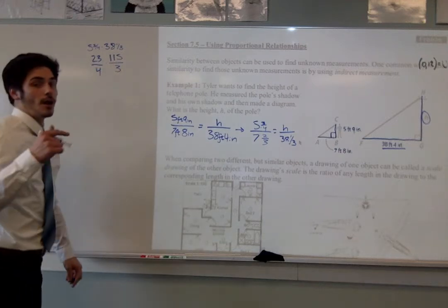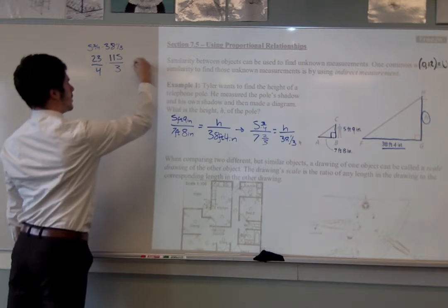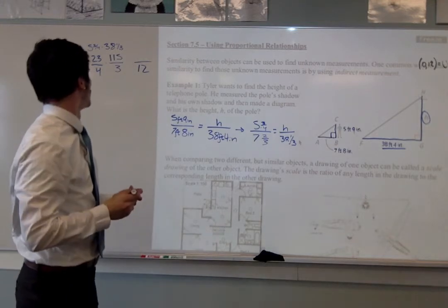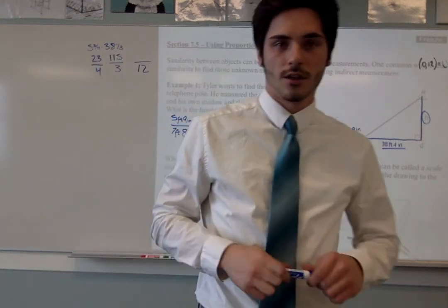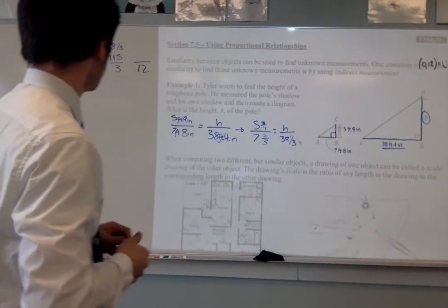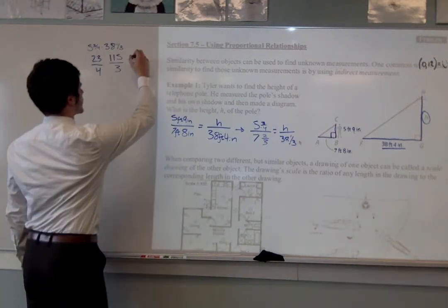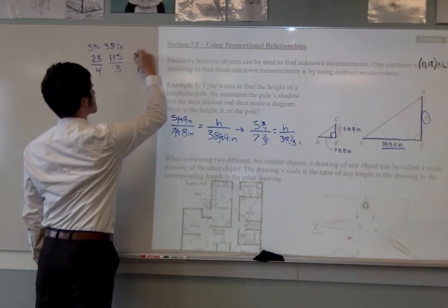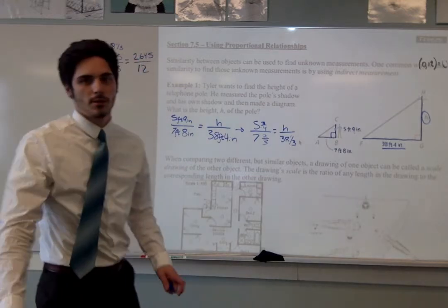Now I know that when I multiply, I can just multiply straight across. So I'll get some massive number over 12, 2,645 it looks like. Such a pleasant number.